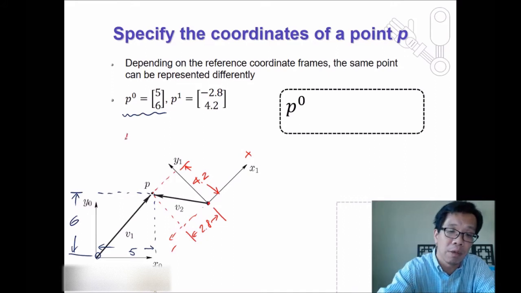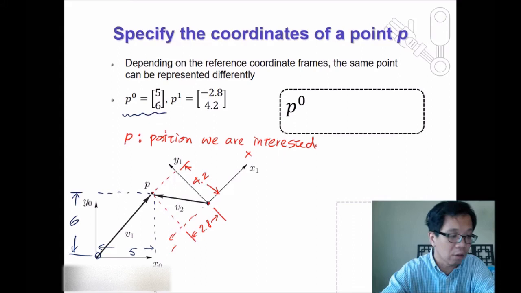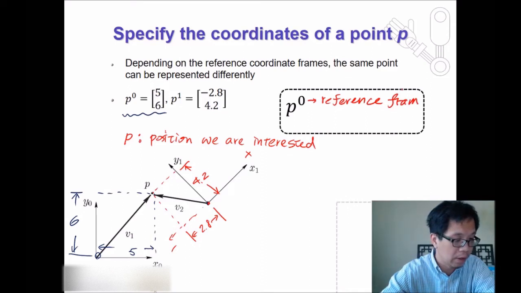Though we are using P, the position, the 0 over here, as in P naught, is defined as the reference frame of our interest.